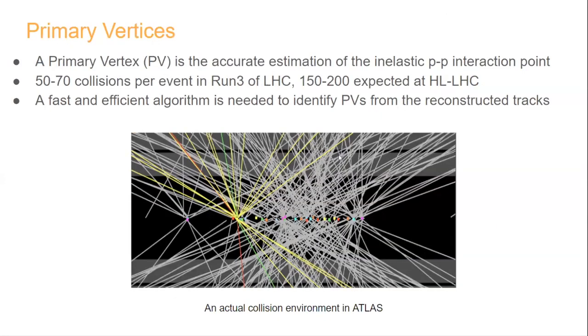Let's first talk about what primary vertices are. A vertex is the actual proton-proton interaction point in space. And so a primary vertex is the accurate estimation of the inelastic interaction point. In run 3 of the LHC experiment, there were 50 to 70 collisions per event, but we expect that number to become much higher in the next run, about 150 to 200.